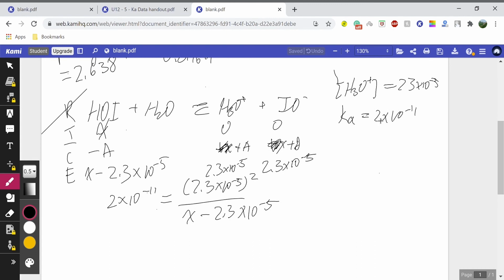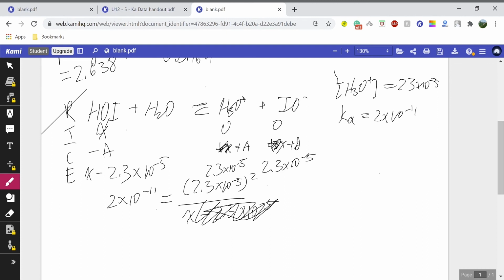Now, this 2.3 times 10 to the negative 5th is smaller than 1.0 times 10 to the negative 4th, so we can cross it out because it will not have a significant effect on our x. With this equation, we can easily find x by multiplying x on both sides and dividing by 2 times 10 to the negative 11.